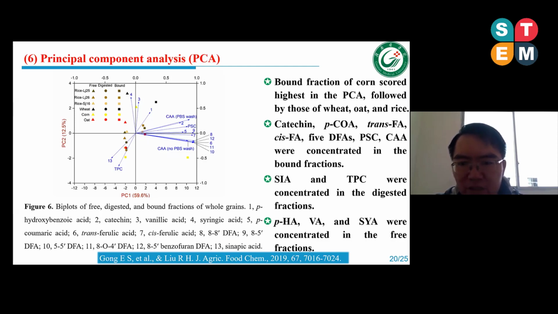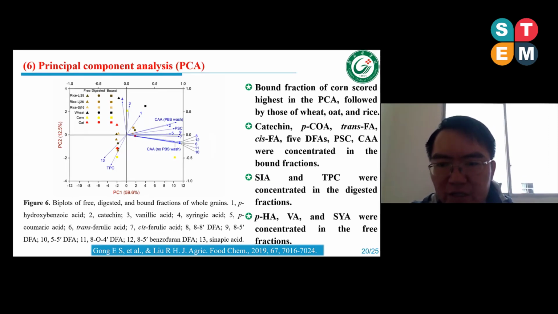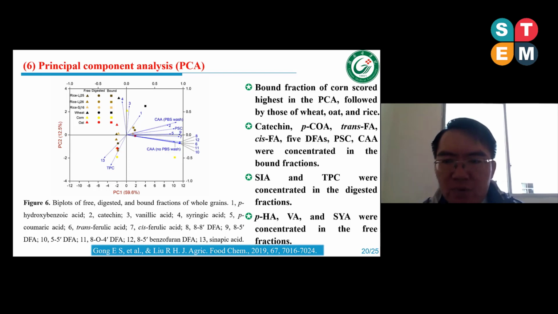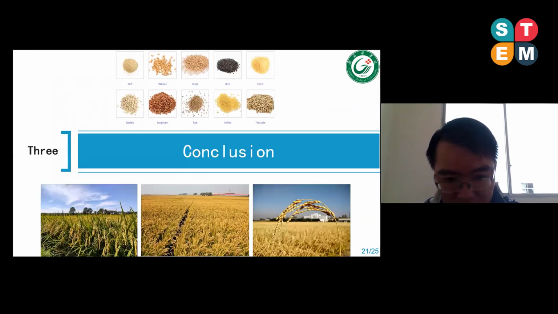We can see that catechin, coumaric acid, ferulic acid, cis-ferulic acid, and 5-5 diferulic acid, PSC, and CAA were concentrated in the bound fraction. Sinapic acid and TPC were concentrated in the digested fraction, while hydroxybenzoic acid, vanillic acid, and syringic acid were concentrated in the free fractions. Part 3, conclusion.